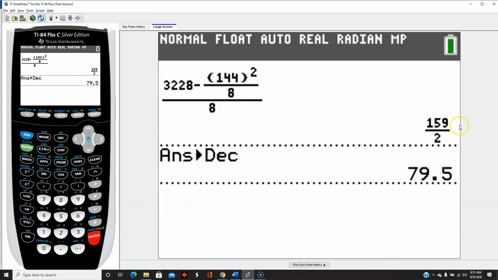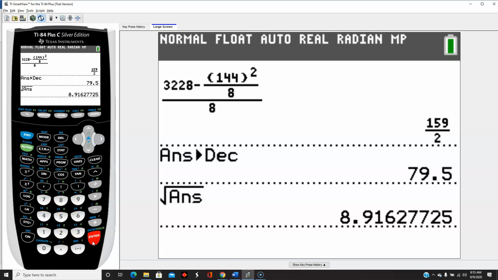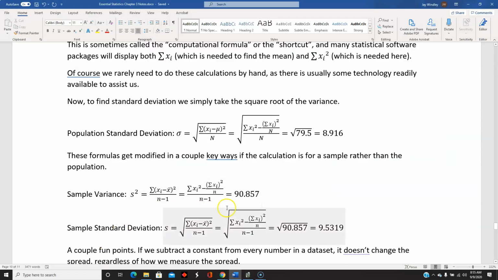Unfortunately, I entered this fraction, so it made it a fraction. There's our 79.5 from before. And then I take the square root of that answer. And there's our 8.916 that we had up here.